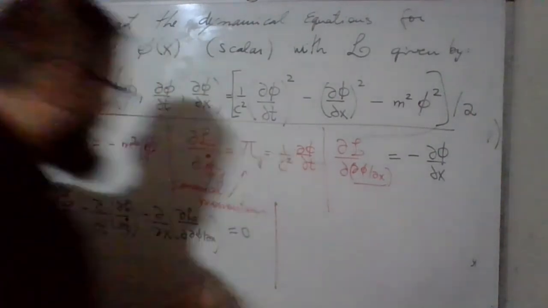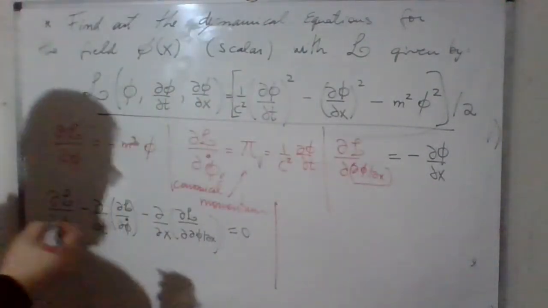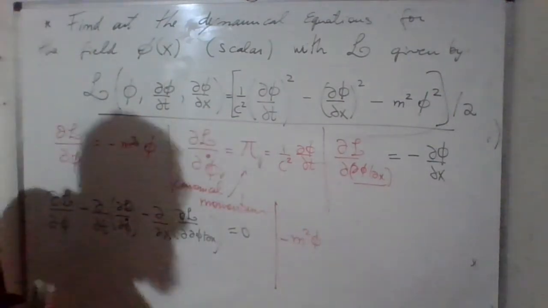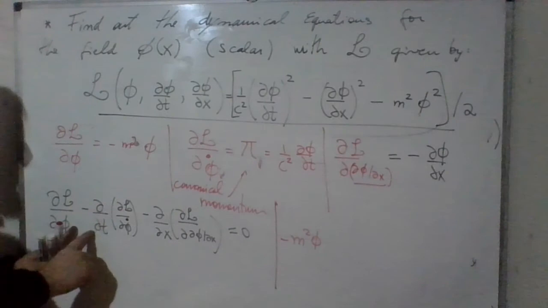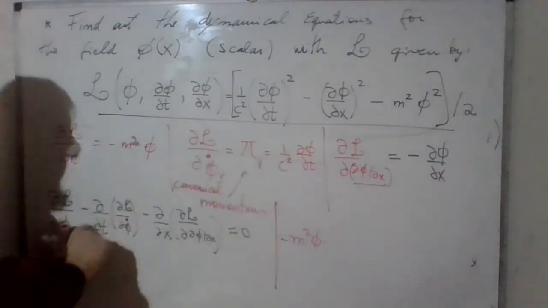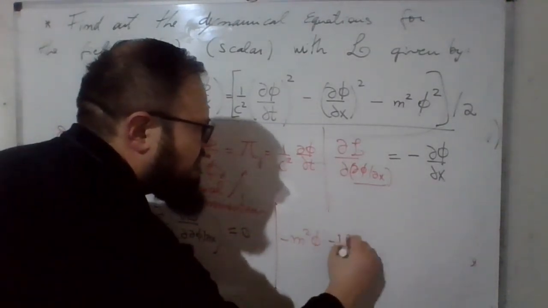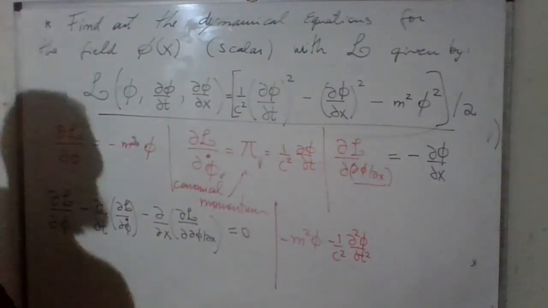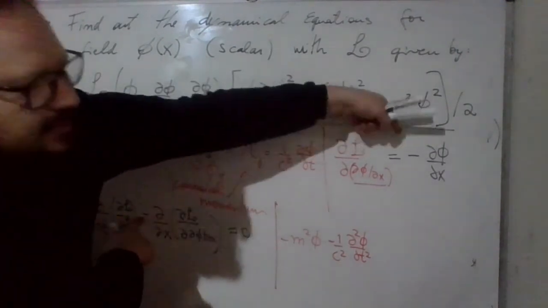So our equation of motion will be given by, let me see, dL d phi, so minus m squared phi, the first term, which corresponds to this, minus the time derivative of the canonical momentum here, and the time derivative of a time derivative corresponds to a second order time derivative, so minus 1 over c squared d squared phi dt squared, and this minus cancels that one.